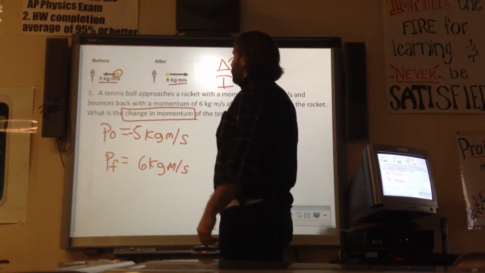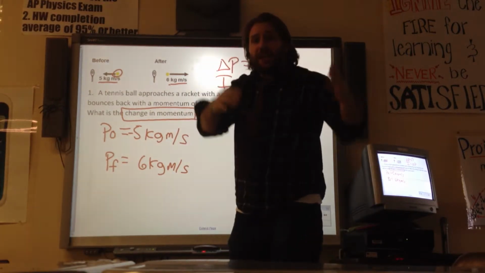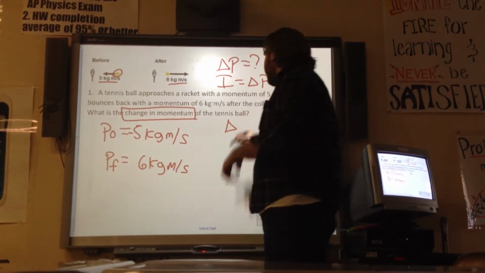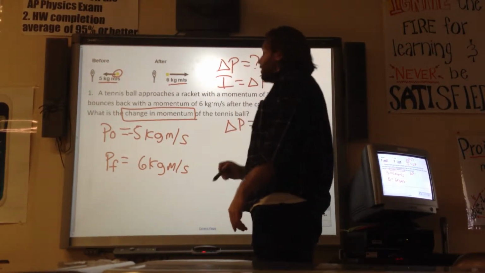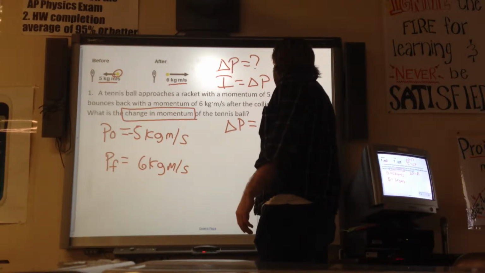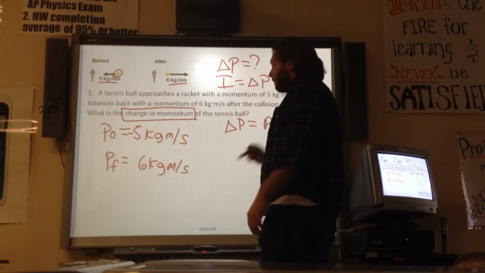So I go back, I'm looking for the change. Anytime we look for the change in anything, we always do what we finished with, the final, minus the initial. Change in momentum is nothing different: final momentum minus initial momentum.